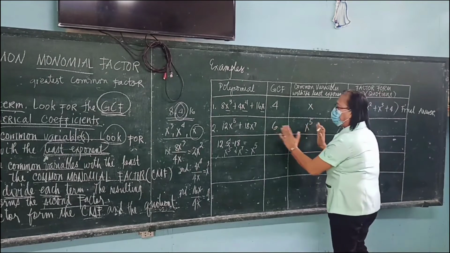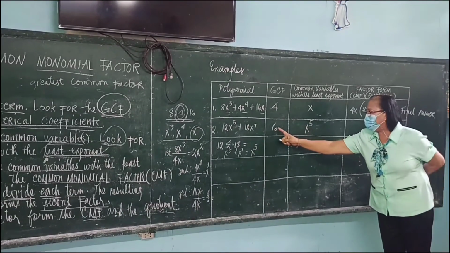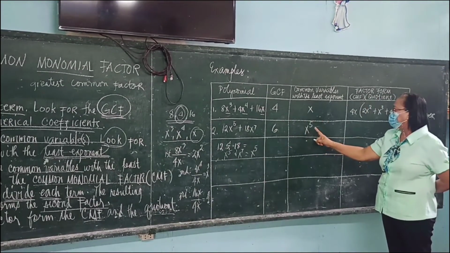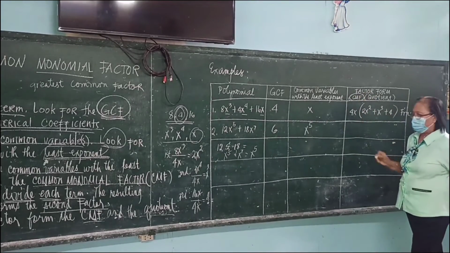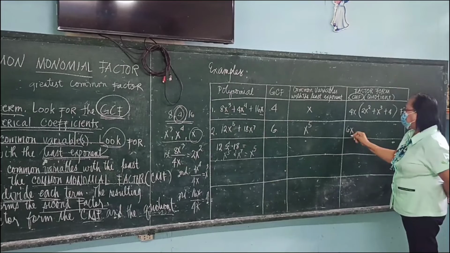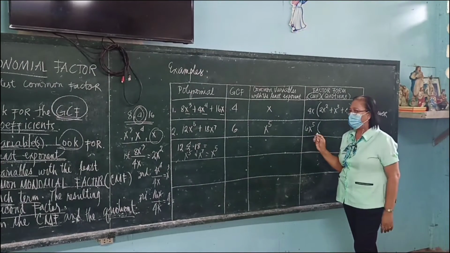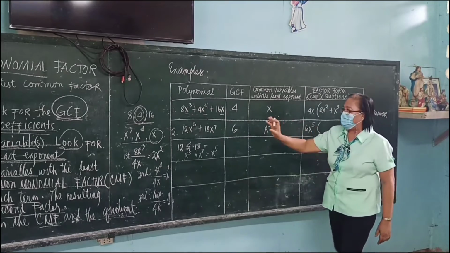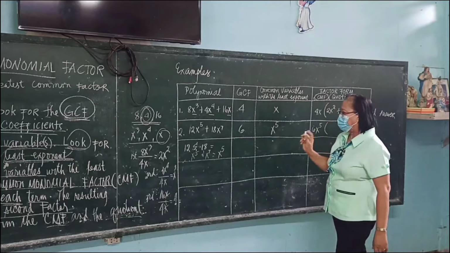Now, you have to combine the two. The GCF and the common variable with the least exponent form the common monomial factor. So, this is now 6x to the power of 5. You have to divide each term by our common monomial factor.